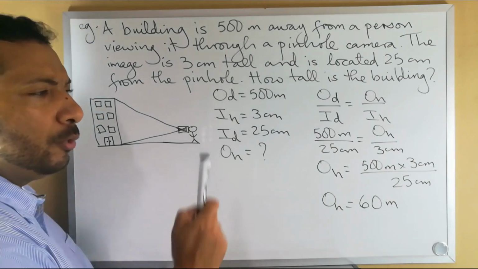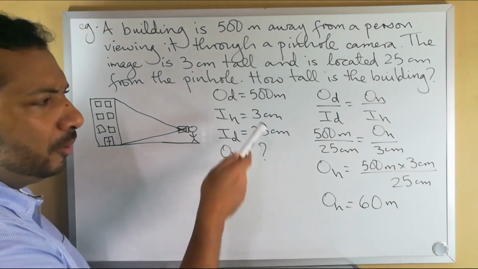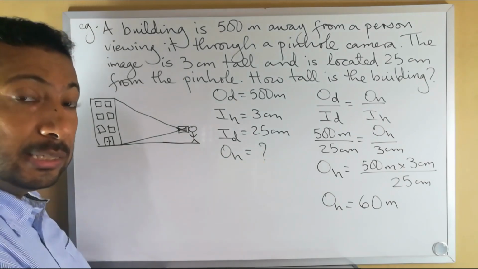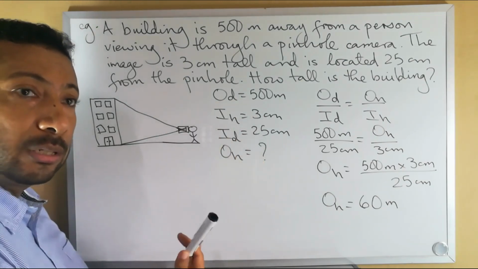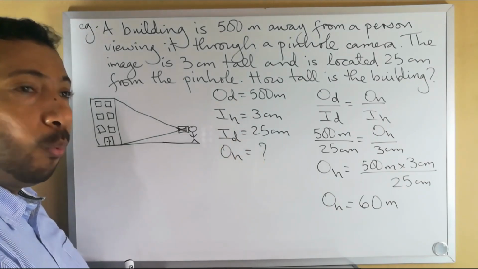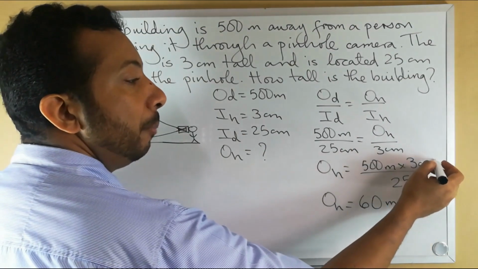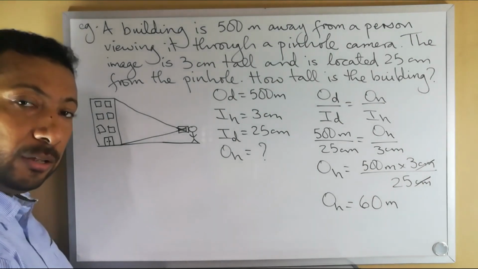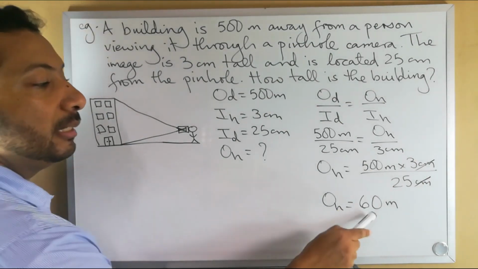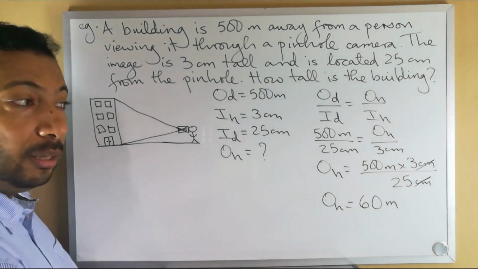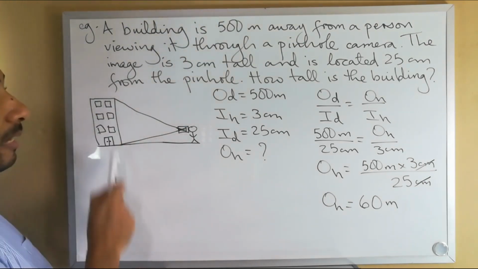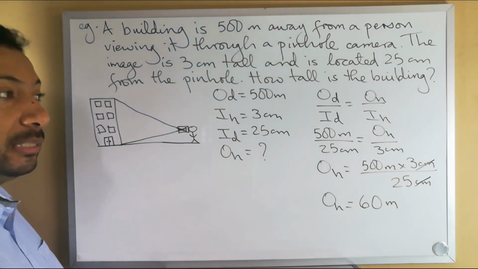And you might have noticed that I did not convert these centimeters to meters like I did previously with Young's double slit formula. Why is that the case? Well, as we see here, it is not necessary because the centimeters cancel out and we're left with 60 meters. So here, the height of the building is 60 meters.